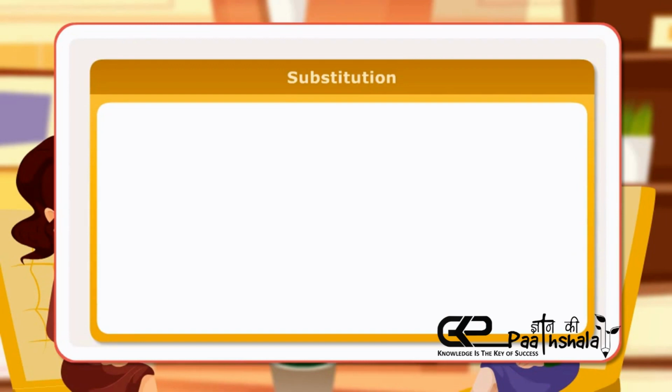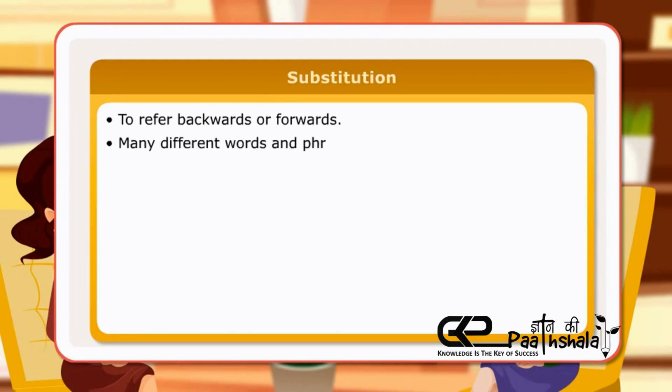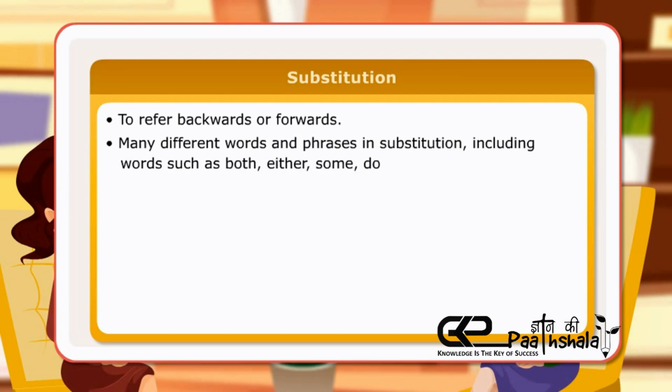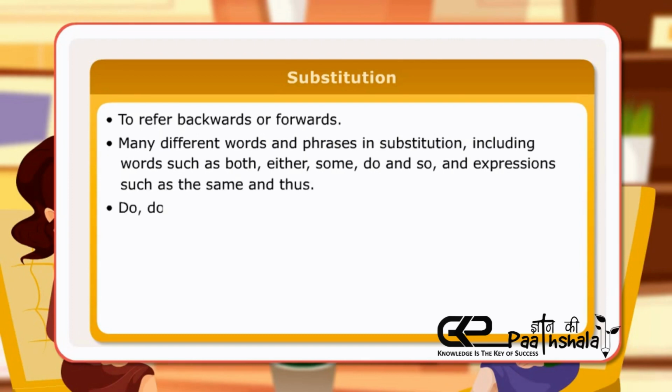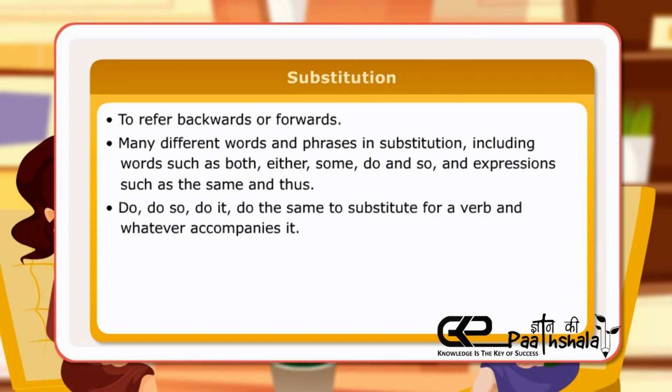Substitution. We can use many different words and phrases in substitution to refer backwards or forwards, including words such as both, either, some, do and so, and expressions such as the same and thus. Do so, do it, do the same to substitute for a verb and whatever accompanies it.